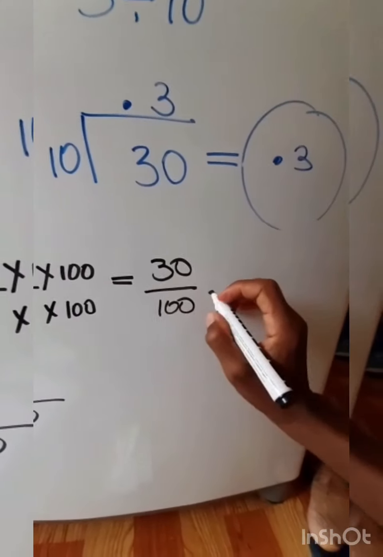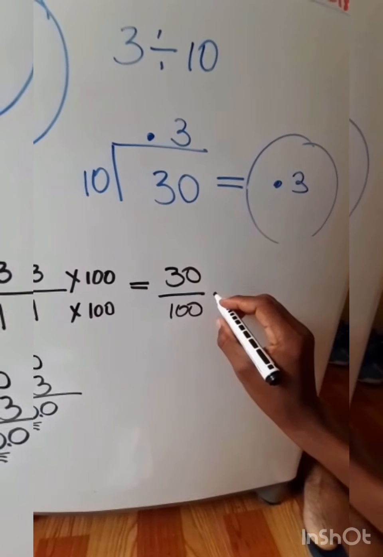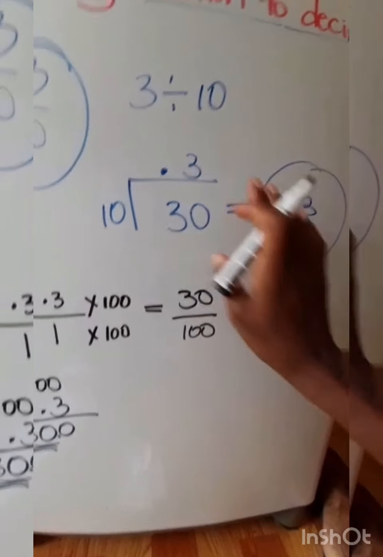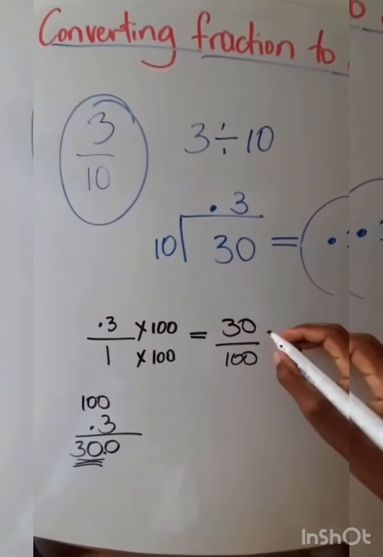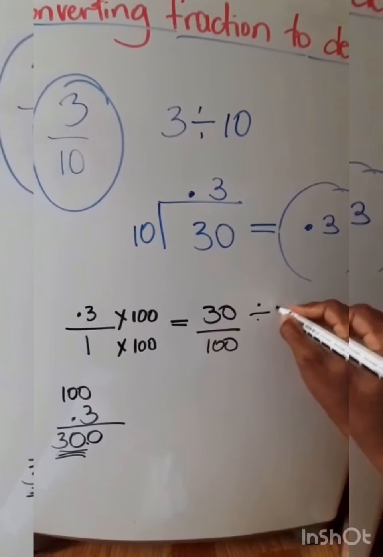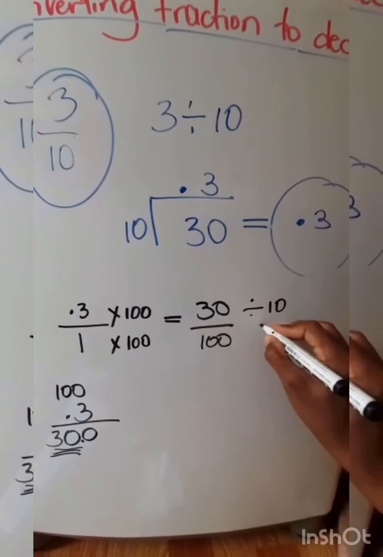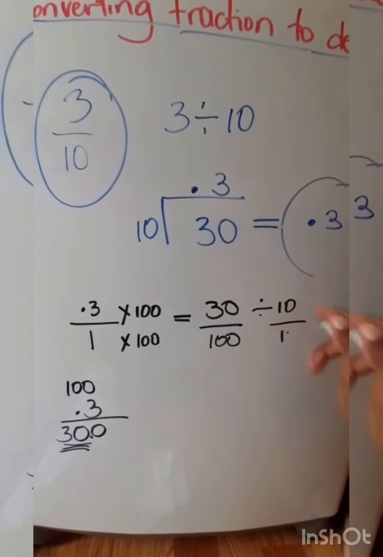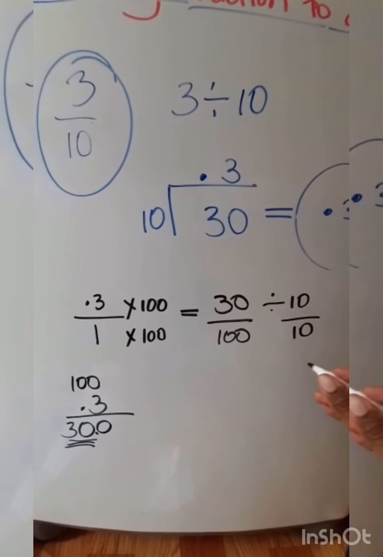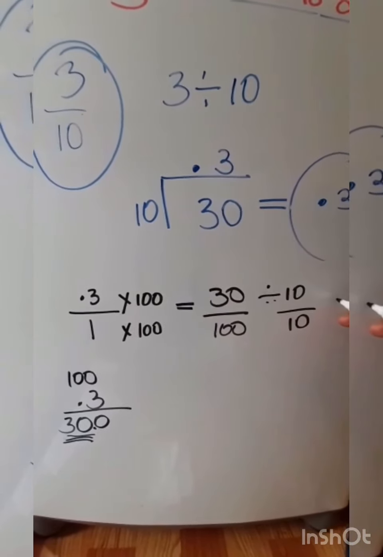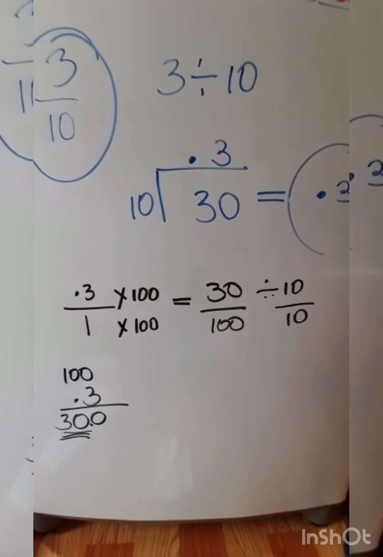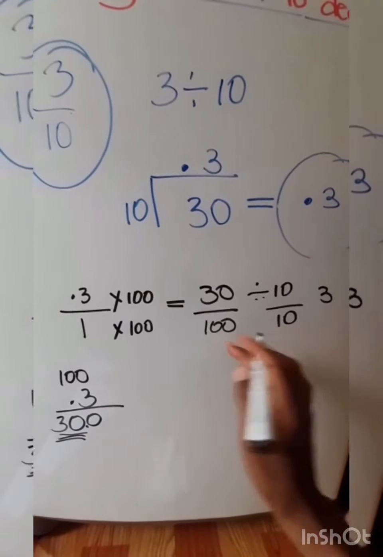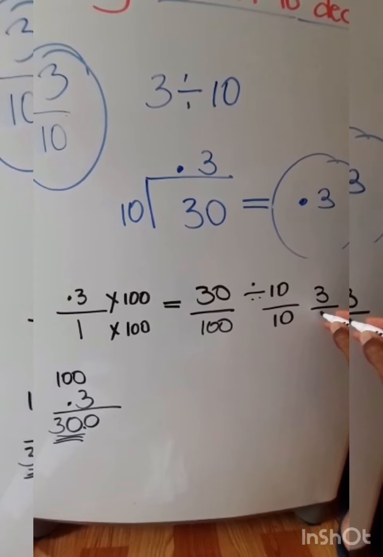With this 30 up here, we are now going to divide this by 10, because overall we were working with 10 as the denominator. We divide this by 10 and divide down here also by 10. Divide both of them by 10. 10 into 30 goes 3 times, and 10 into 100 goes 10 times.